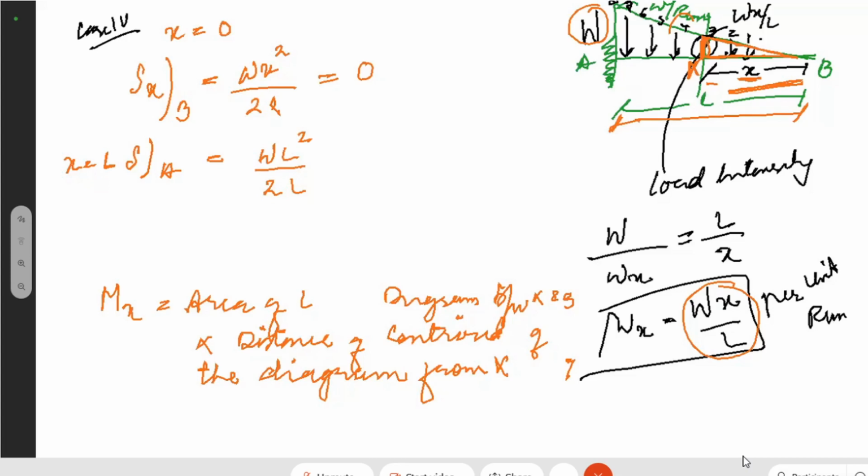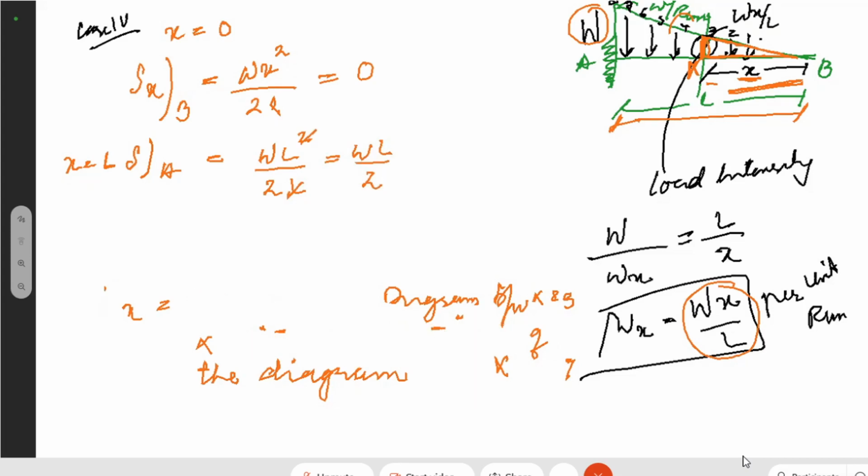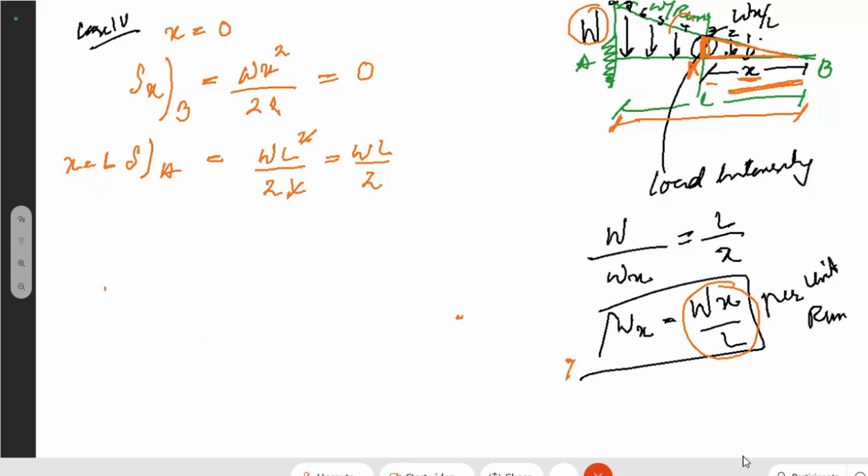WL by 2, one L will go. This was your shear force. Now, in order to calculate the bending moment diagram, I just have to multiply what? The centroidal distance of the load diagram from x and calculate the value.